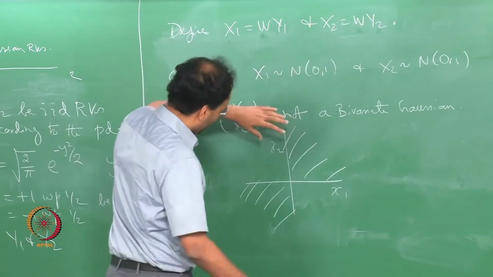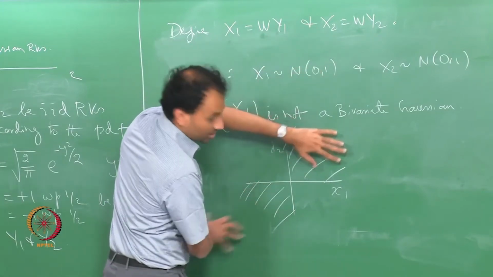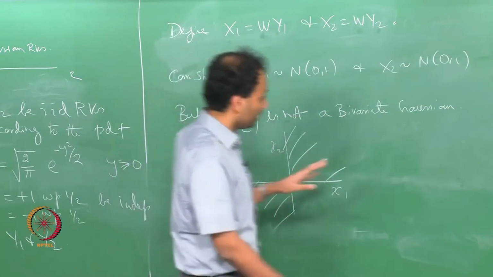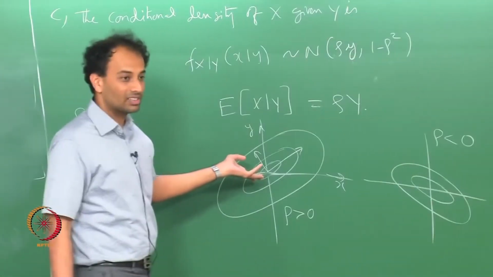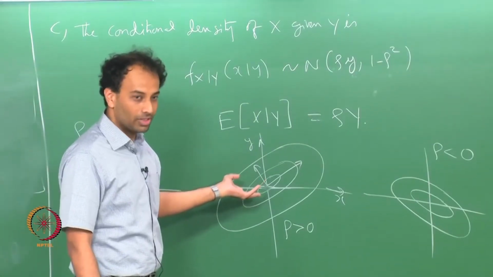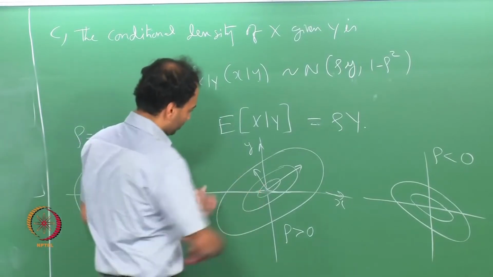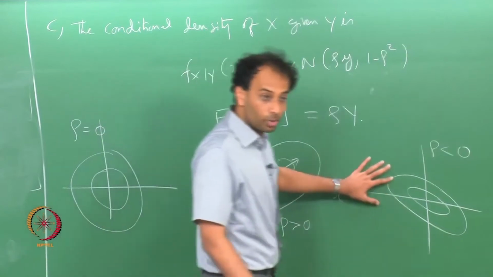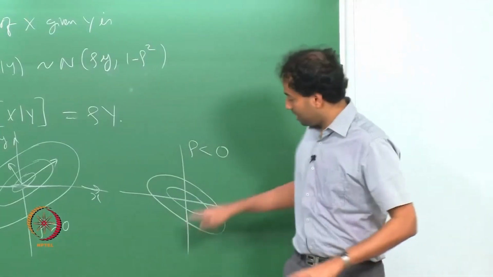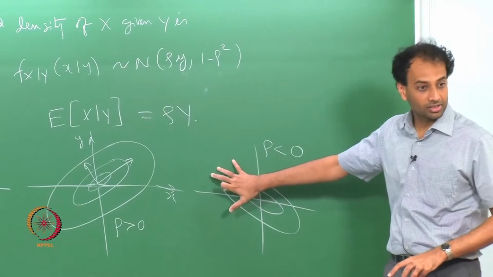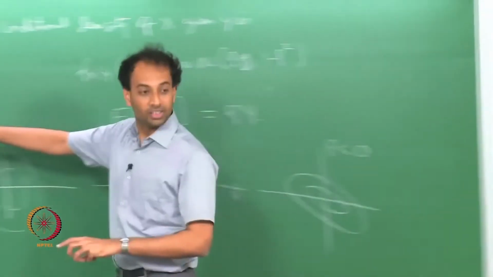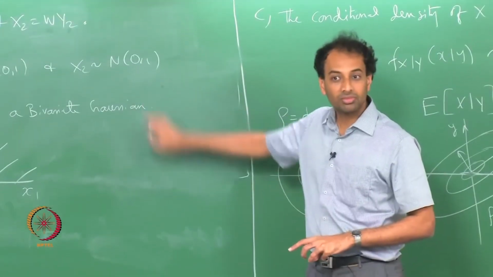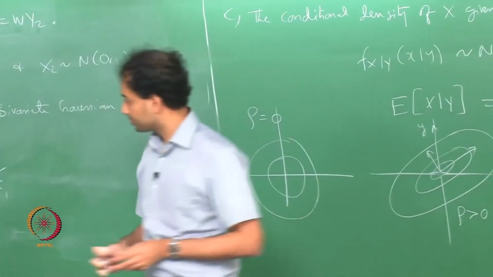And the density is only constrained to the first and third quadrants, which means you do not have a situation like this. If it were jointly Gaussian, then you would have contours like this, right. There is non-zero mass everywhere, no matter what your rho is. So, this cannot possibly be a bivariate Gaussian.